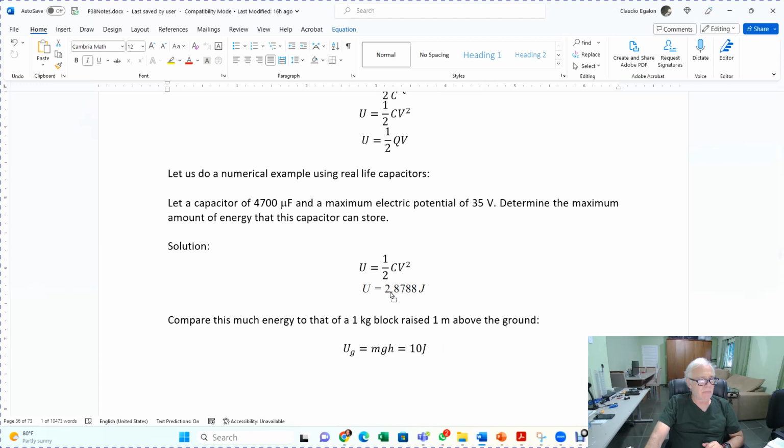And this capacitor is a smaller device, by the way. It's smaller than your 1 kilogram block that you can carry anywhere, right? Have you ever thought about carrying this much energy around the streets? You raise your mass 1 meter high. You don't want to lose this gravitational potential energy, and then you want to take it to another place, so you walk around the streets with this block raised with your hand.